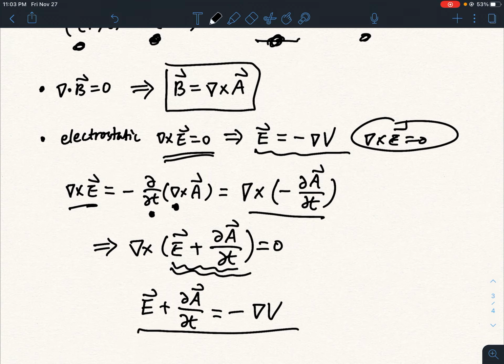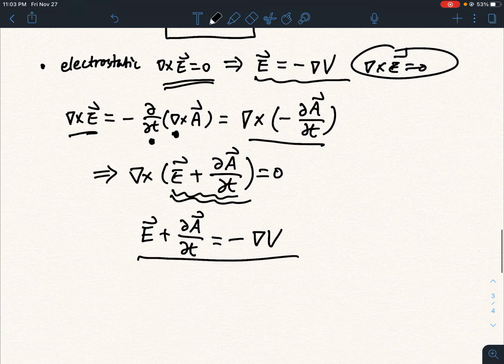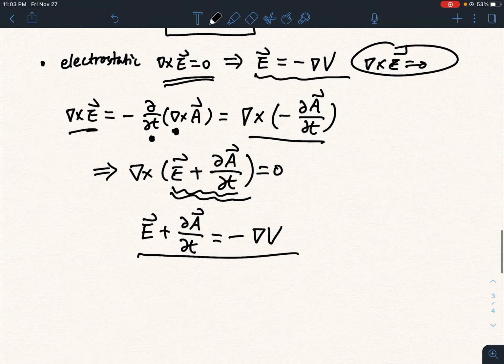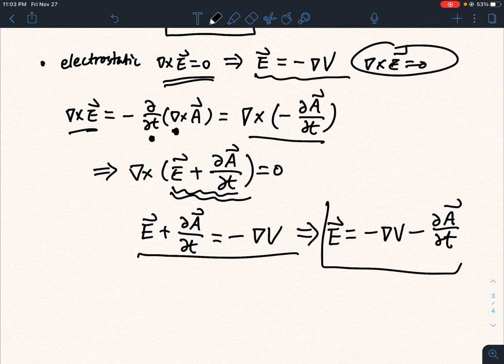Then del cross this will automatically be 0. So in other words, what we write here is E equals minus del V minus partial A over partial t.